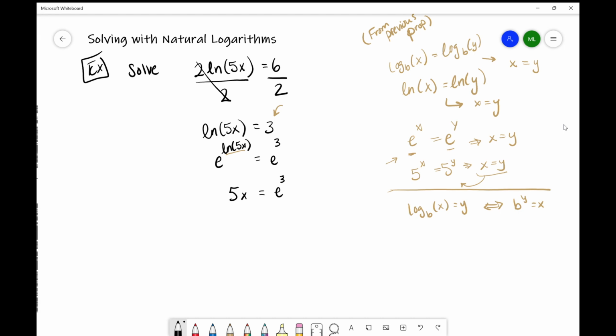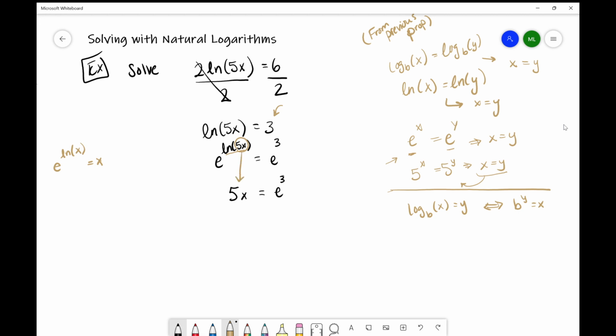Let me write my rule in another color: e to the power ln of x is equal to x, and that's its simplest form. Here, what is inside is my 5x, and that's what comes down.